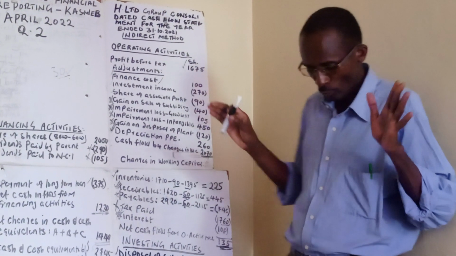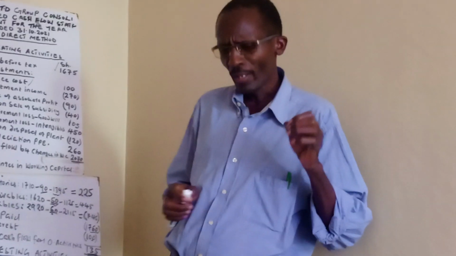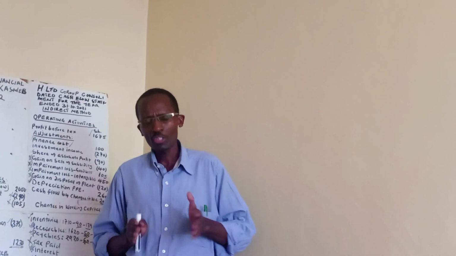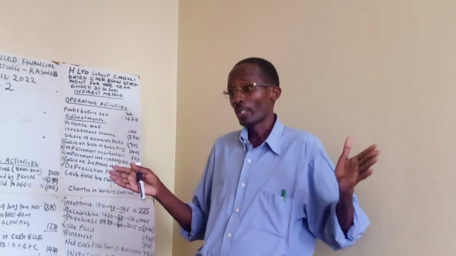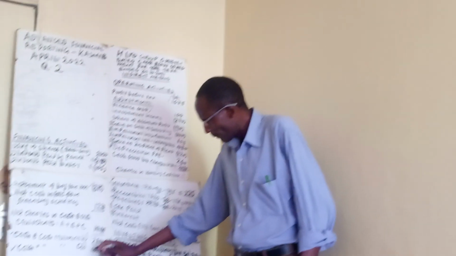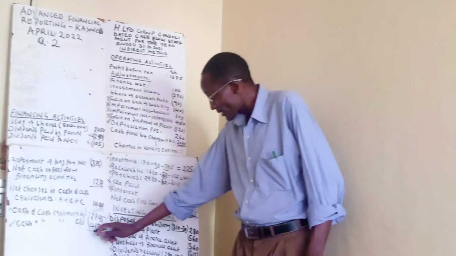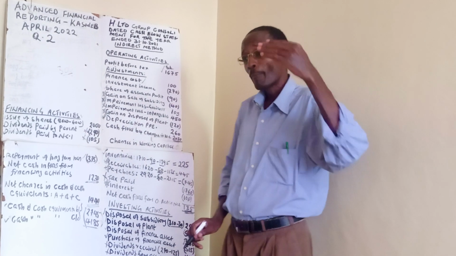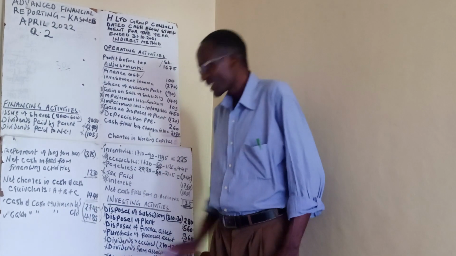So we have said for the cash flow statements, we are interested in what brought about the difference between the cash that we opened with and that which we closed with. We just want to understand that. So in our question, we wanted to explain what brought about this difference, and the difference was 1440. It is like being told, you opened the bank with 2745, we closed the bank with 4185.